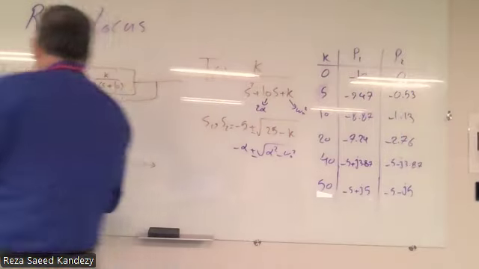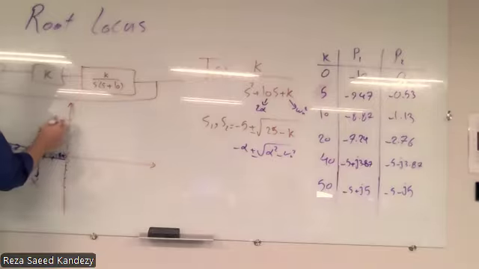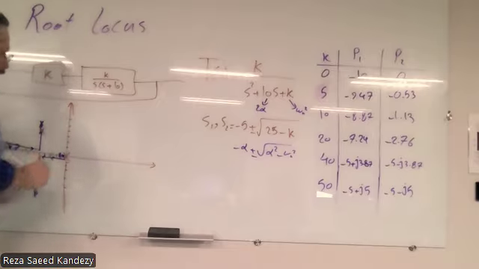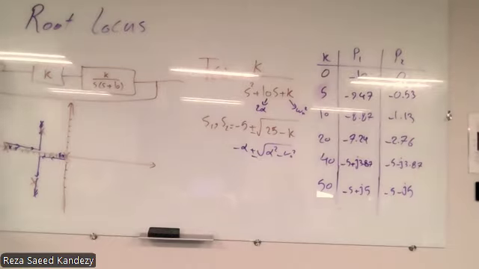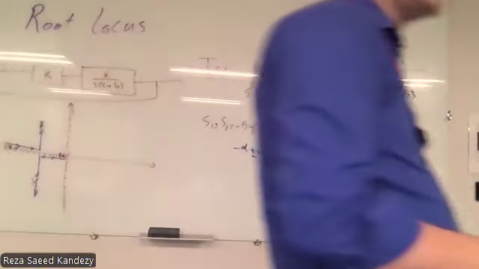So at 50, J5, 1, 2, 3, 4, 5, I'm gonna be further up and down for the poles. So you can see the trajectory of my poles when the K is changing.